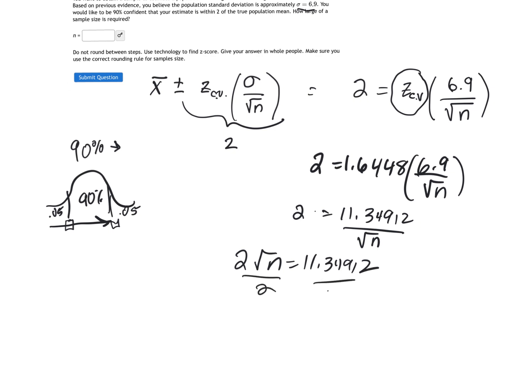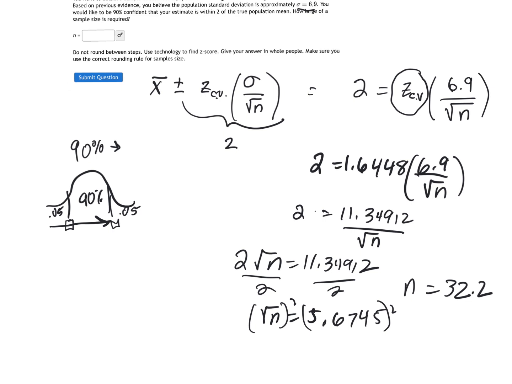Divide both sides by 2. And then to get n by itself, square both sides. So the sample size I would need is 32.2. You can't take 0.2 of a person, so you round up to 33. And your answer there would be 33.